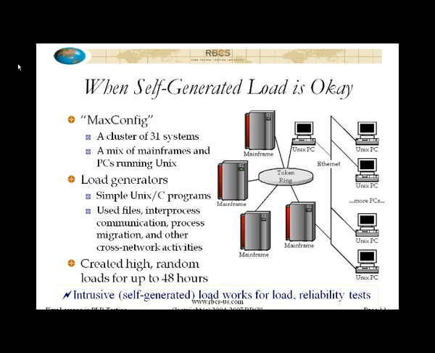What we did to load and reliability test them was create simple programs that would consume resources. They were reasonably well calibrated, so we knew how many we would need to fire up in order to consume X percentage of resource.